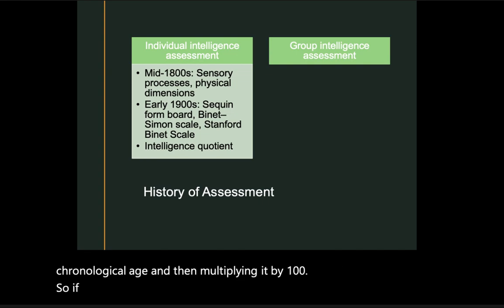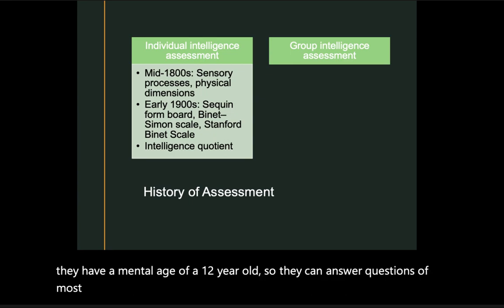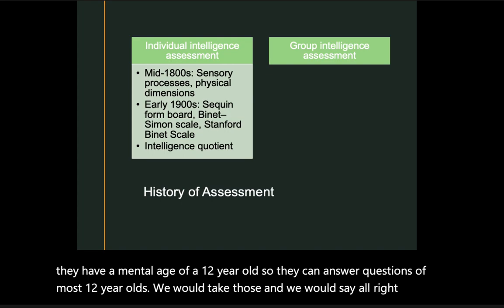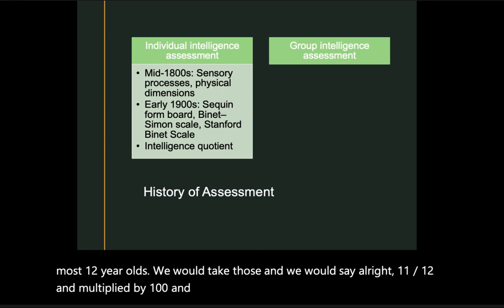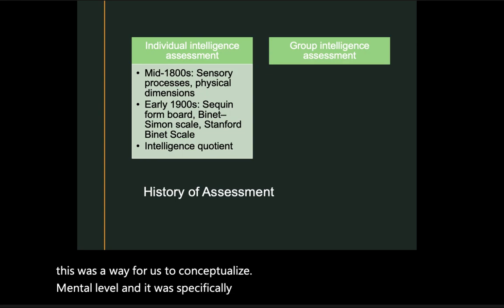So if someone is chronologically 11 years old, but they have a mental age of a 12-year-old, so they can answer questions of most 12-year-olds, we would say, all right, 11 divided by 12 and multiplied by 100, and this will give us their intelligence quotient. This was a way for us to conceptualize mental level, and it was specifically attached to the Binet-Simon and Stanford-Binet scales.